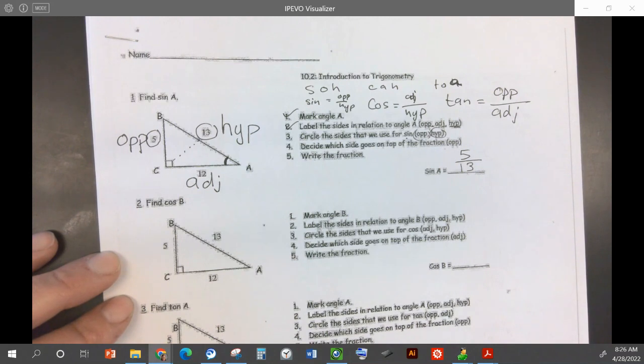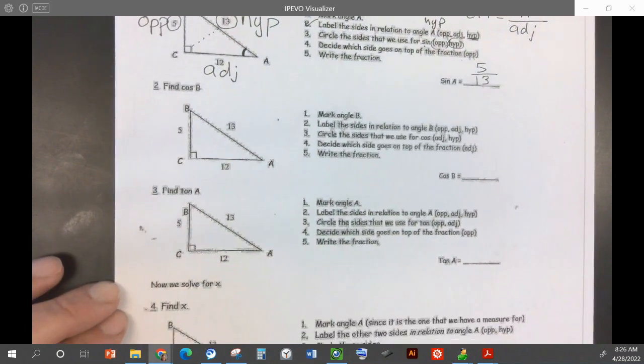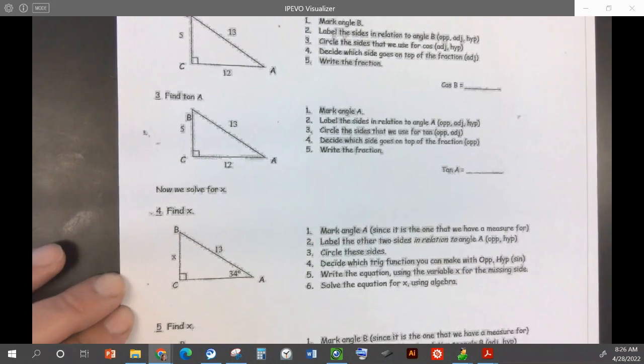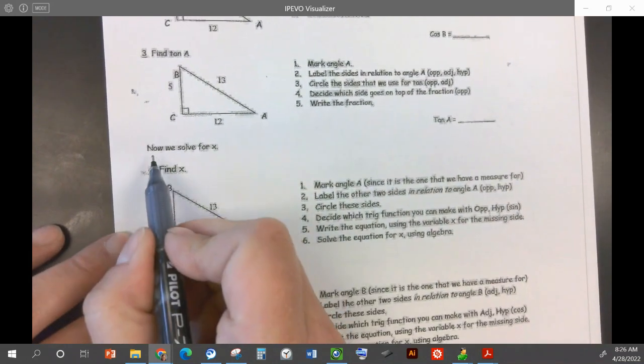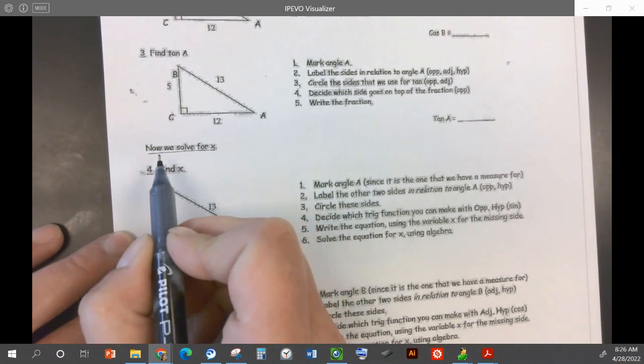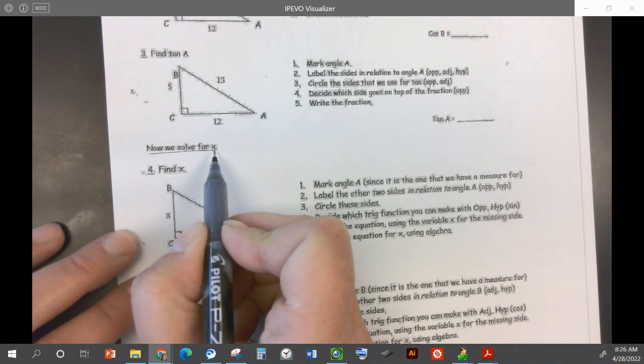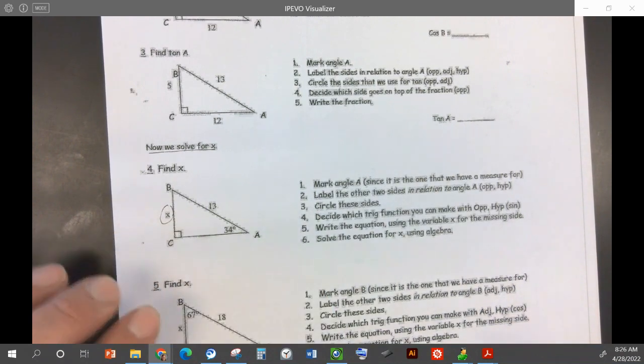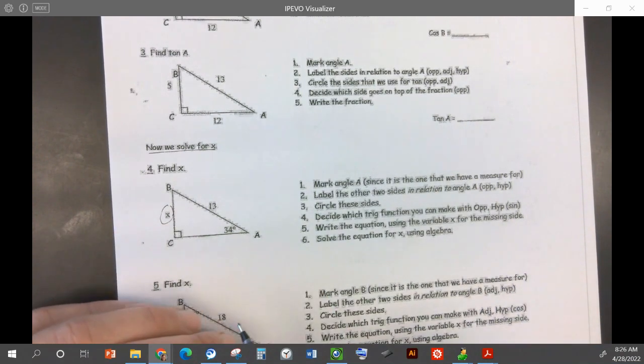So I'm going to let you guys do 2 and 3. I think you can figure those ones out. Let's try 4 together. All of the ones after 3 say, now we solve for x. So here is x. We need to set this up and then solve for x.